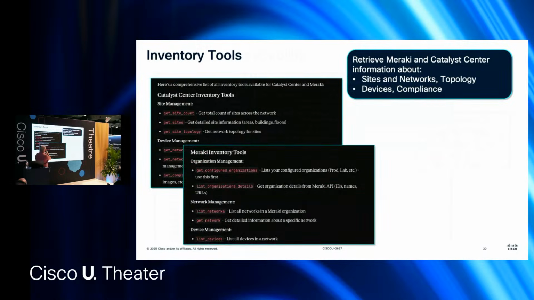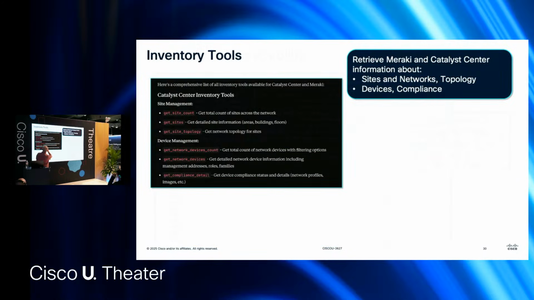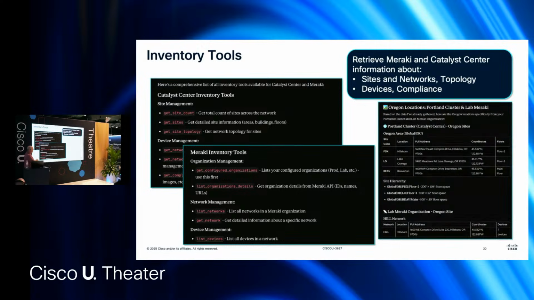So here is how to build inventory tools. For example, these inventory tools across both Catalyst and Meraki, I'm looking for information about sites, networks, topology, devices, and compliance. And this is a list of the tools for Catalyst Center and for Meraki.